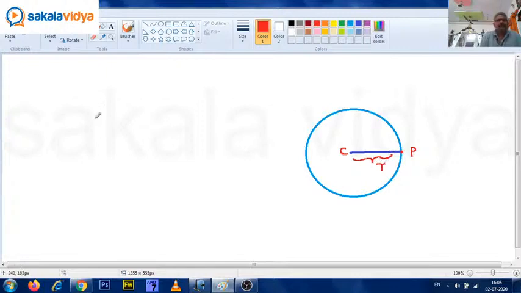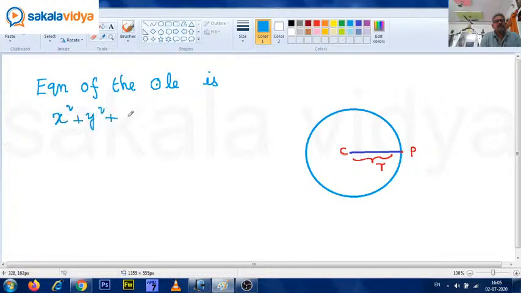See now, the equation of the circle is x square plus y square plus 2gx plus 2fy plus c equals to 0.